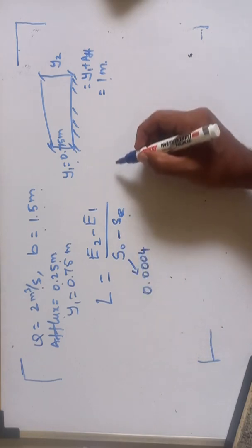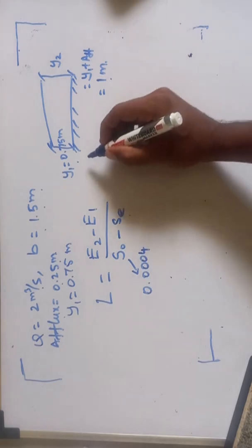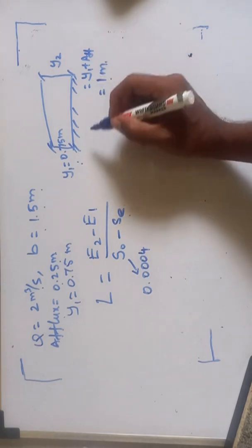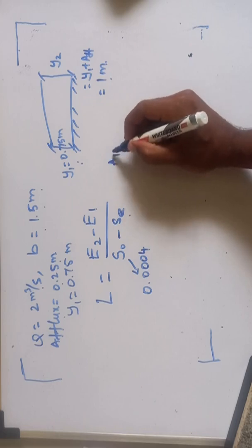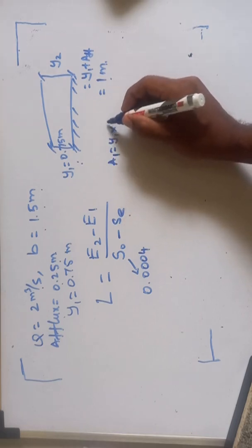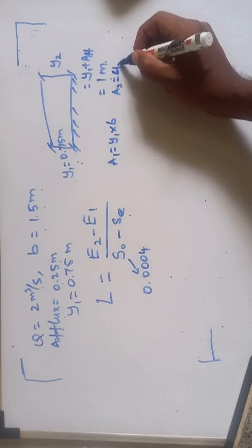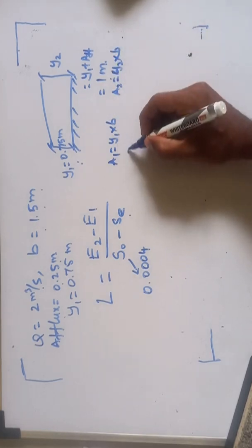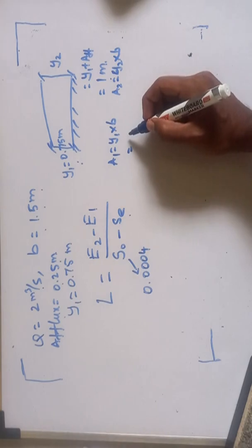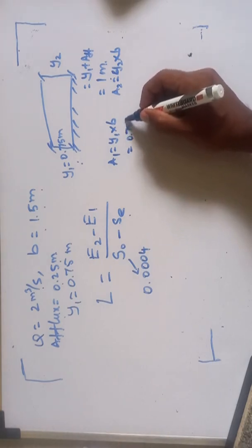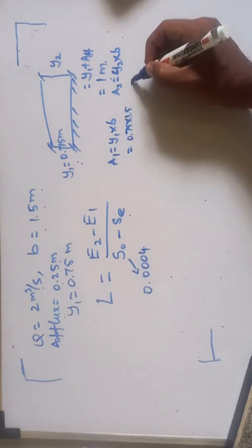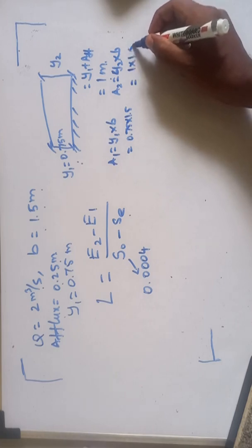SE is not given. E1 I can calculate if I know y1 and y2, then I calculate A1. Area at 1 is equal to y1 into B. Like that I can calculate A2 equal to y2 into B. Y1 value is 0.75, B is equal to 1.5, so A1 is 0.75 into 1.5. Like that, A2 is 1 into 1.5.